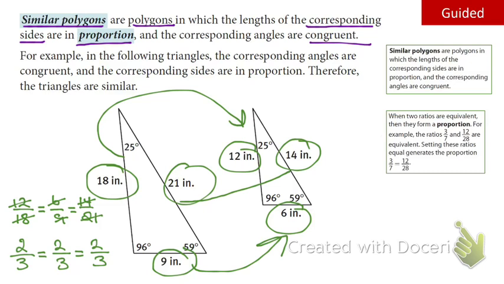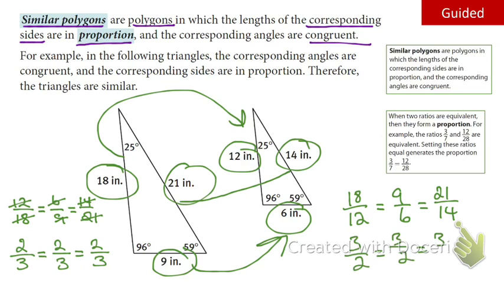I like to do small on top. Some of you might have said, well, let's just do 18 over 12 is equal to 9 over 6 or 21 over 14. And then this would have reduced to 3 over 2, 3 over 2, and 3 over 2.